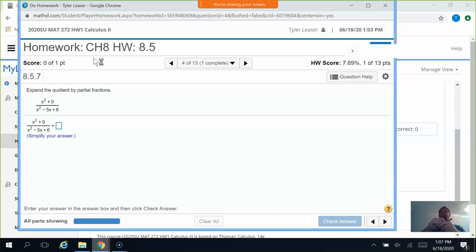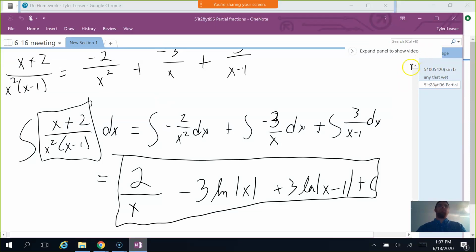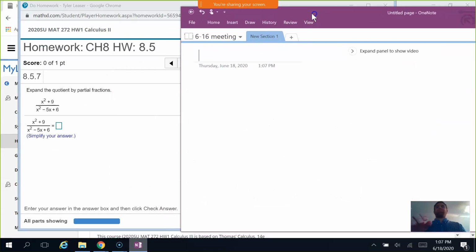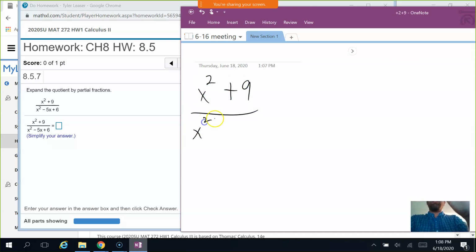So let me pull up my notebook here. Okay, so just copying down what they're giving us, x squared plus 9 over x squared minus 5x plus 6.